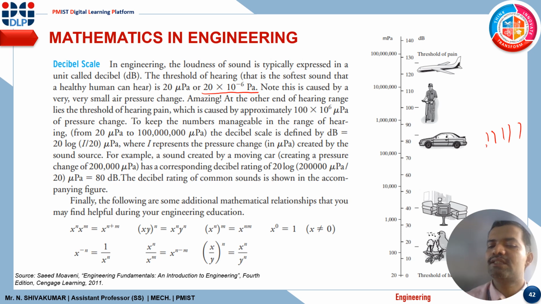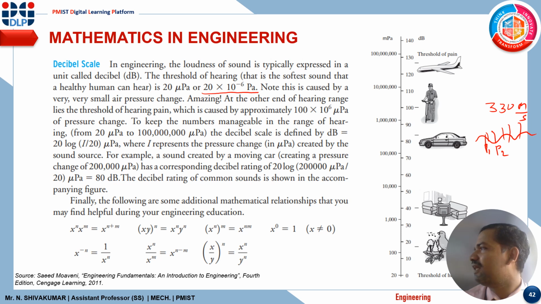This pressure is P1 and this pressure is P2, and there is some difference between P1 and P2. This is moving like a wave at 330 meters per second, that is the speed of the sound wave. So when I am speaking, a pressure difference is induced in the air that travels like a wave.